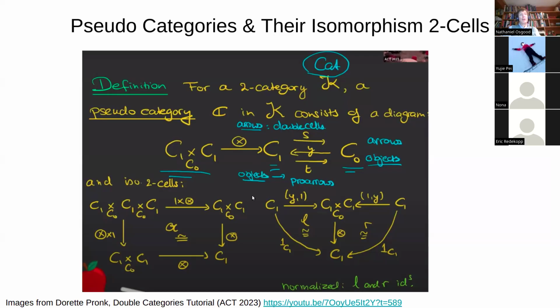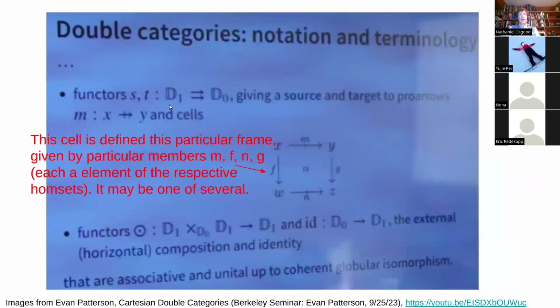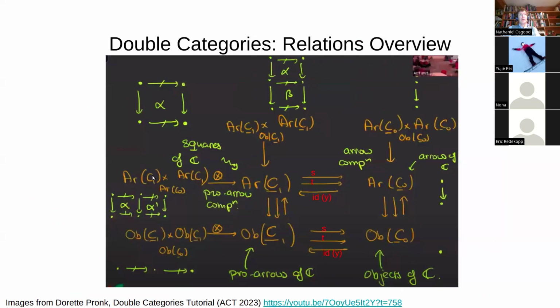But then you have this structure here, which says, look, if you have two things in C1 joined by a single thing in C0. So suppose you have two pro arrows, those are the objects, pro arrows in C1, end to end, two of these guys end to end. Maybe it looks something like this.